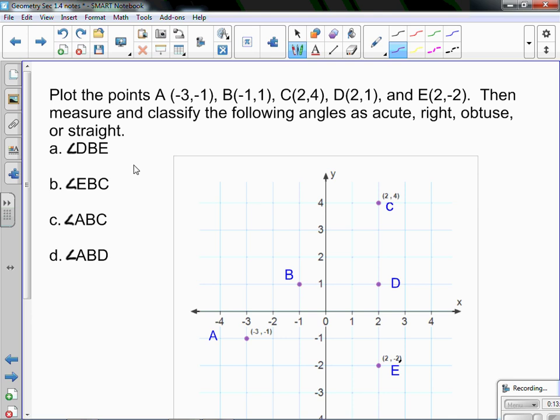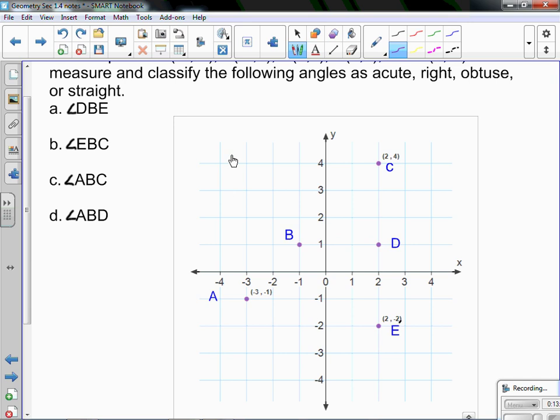Alright, so here it wants us to plot points A, B, C, D, and E, then measure and classify the following angles as acute, right, obtuse, or straight. So I've already plotted these points for us, A, B, C, D, and E. And we want the measure of angle DBE. So angle DBE.